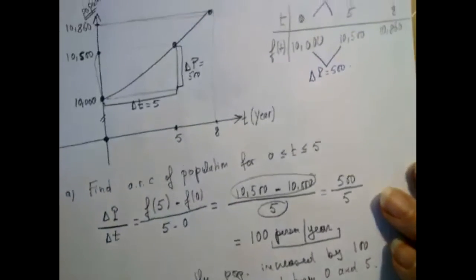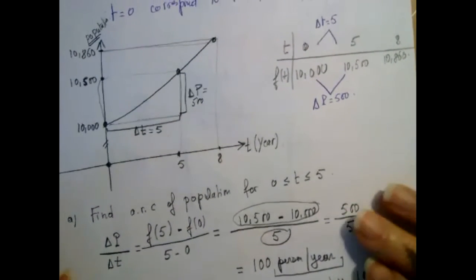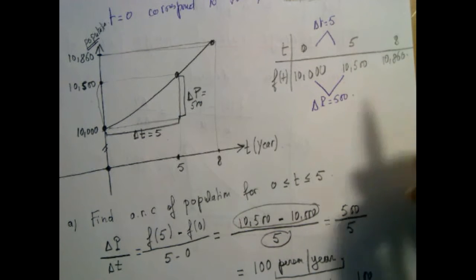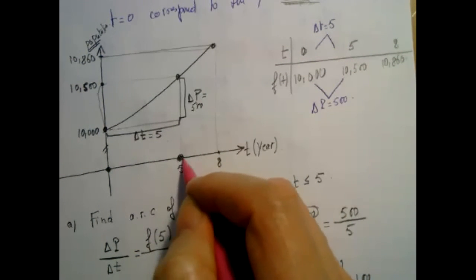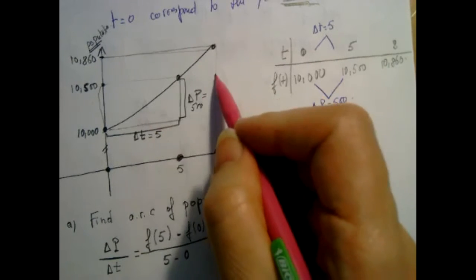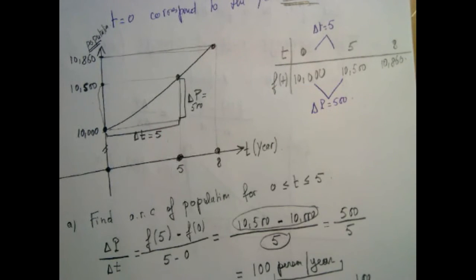I back up to my picture. Who can give me the number, and then I will work it out with you. So now, from 5 to 8, my population changed. What's the average rate of change? For those who figured it out, write it in the chat, and then I'll work it out for you guys.